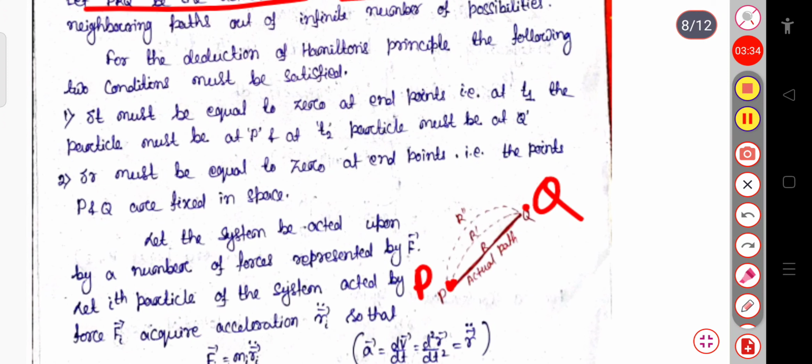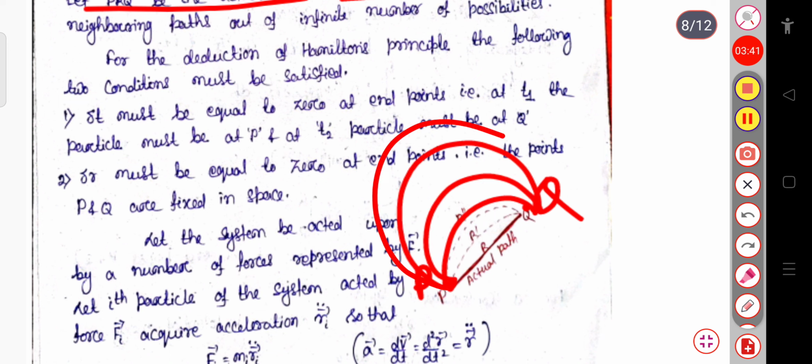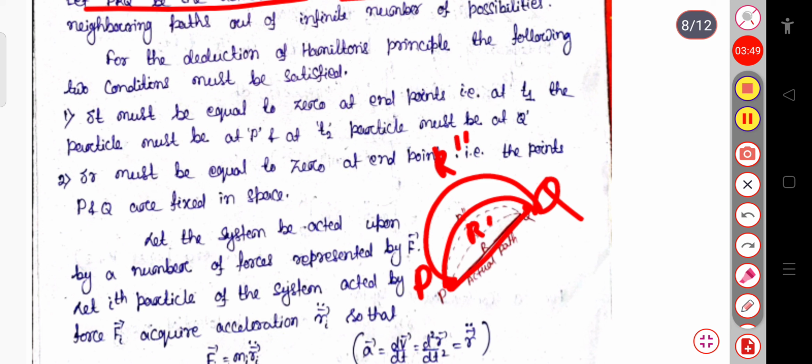If I fix these points P and Q, I can join P to Q by an infinite number of paths. But here I am considering only two. This one is R' and this is R'', and suppose the actual path is R. For the deduction of Hamilton's principle, you have to consider two conditions.